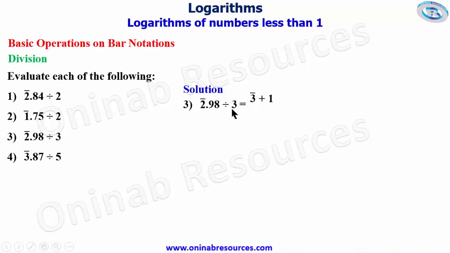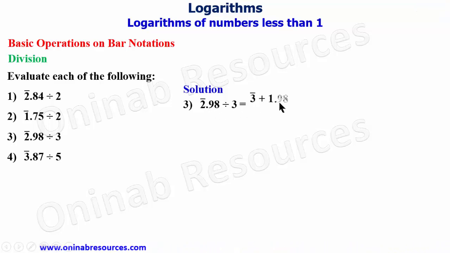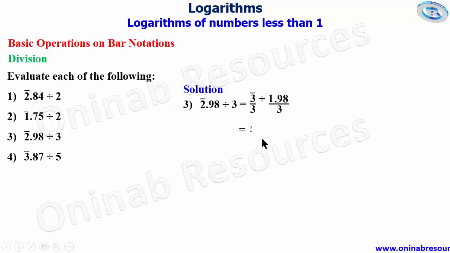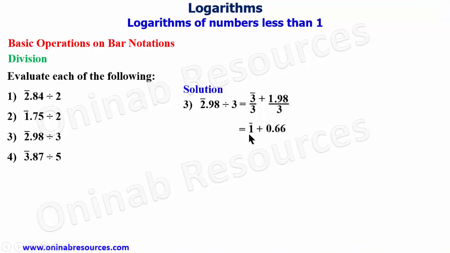So we have plus 1, then 0.98. Divide each component by 3. This is divided by 3, this is divided by 3. So bar 3 divided by 3 gives bar 1 plus 1.98 divided by 3 gives 0.66. Then adding them together, we have it as bar 1.66, which is the result obtained from dividing bar 2.98 by 3.